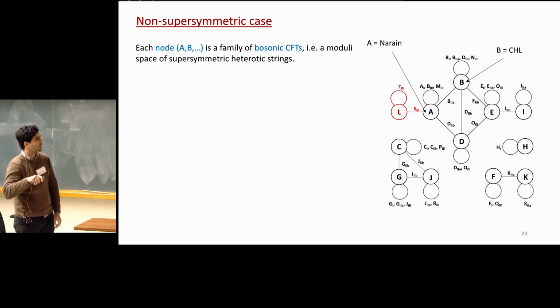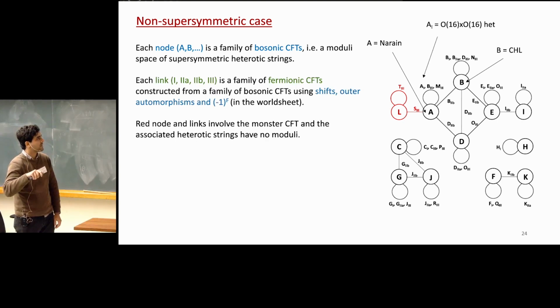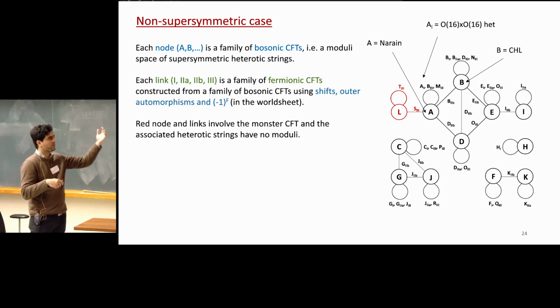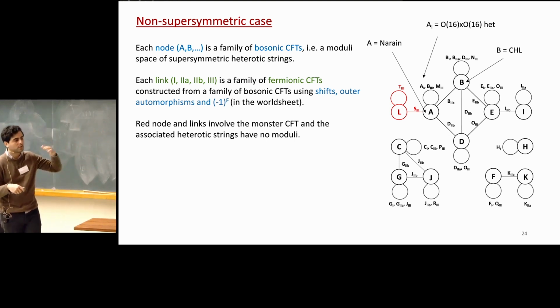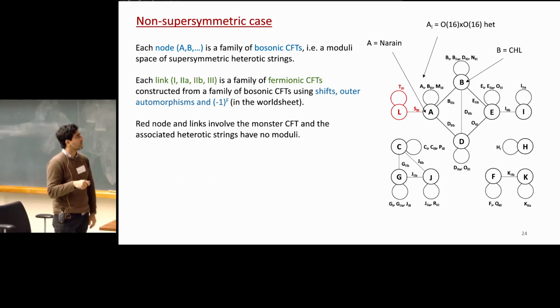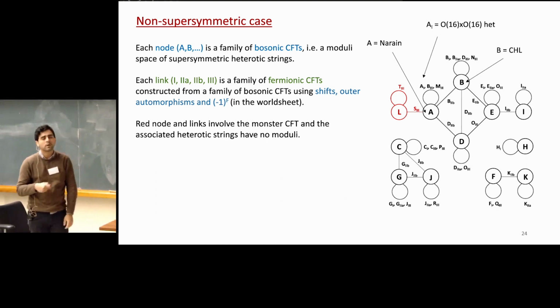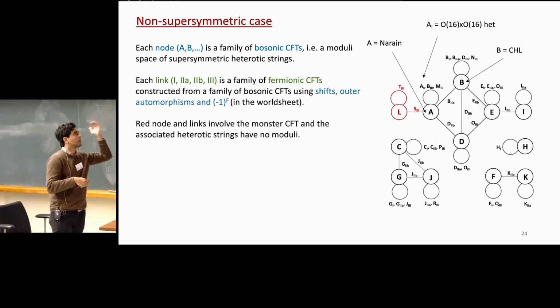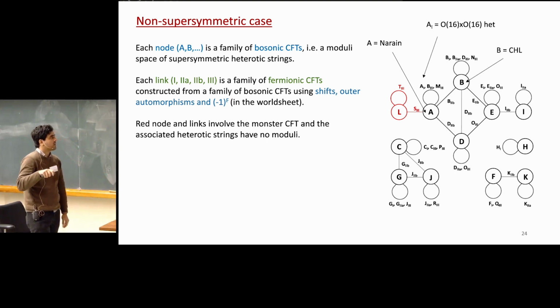Then we have links, and what those links represent are non-supersymmetric theories. In the formalism of CFTs, they represent the fermionic CFTs that you can obtain from the bosonic ones. There are 4 kinds of links, called 1, 1A, 2B, and 3 by Ho and Moller. And there are families of fermionic CFTs.